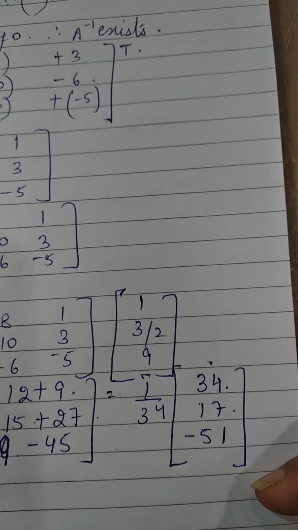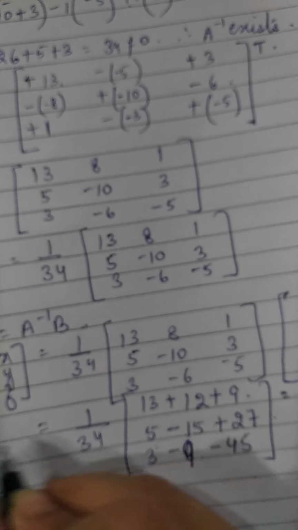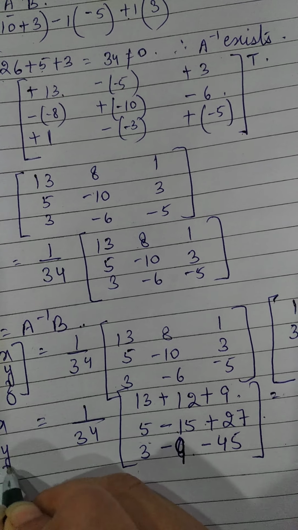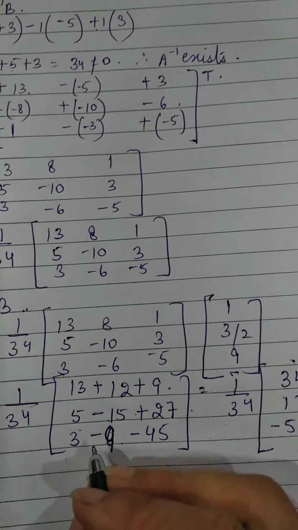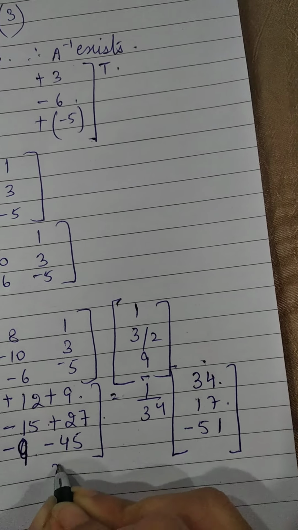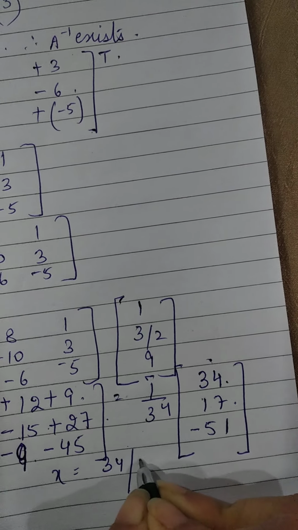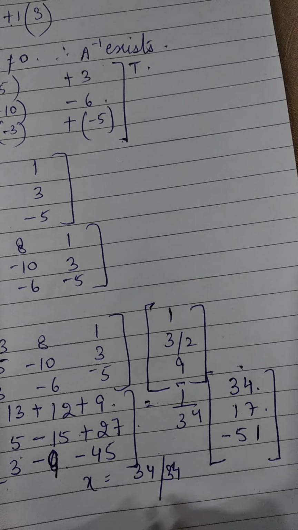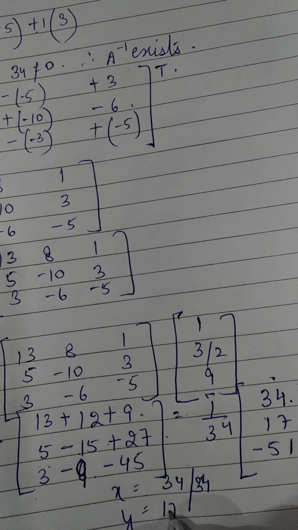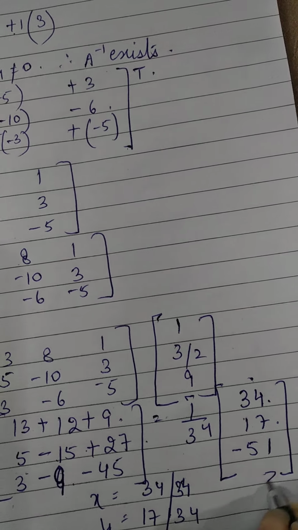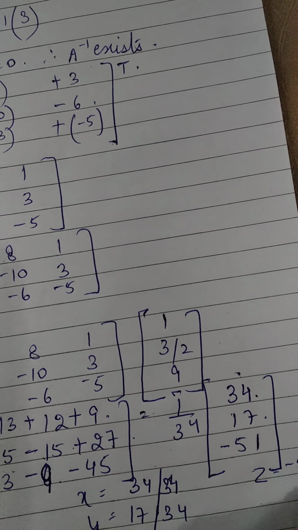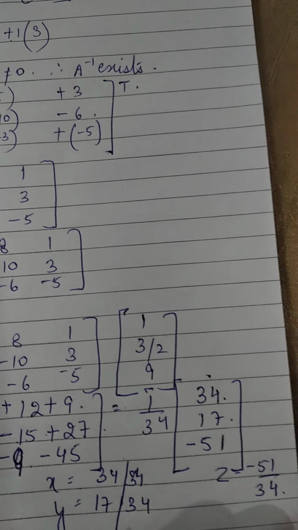Right? And what is this equal to? This is equal to X, Y and Z. So if I compare, remember, X is equal to 34 by 34, Y is equal to 17 by 34, and Z is equal to minus 51 by 34. Right?